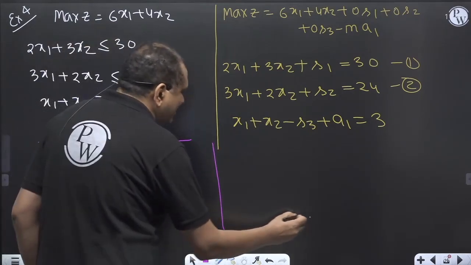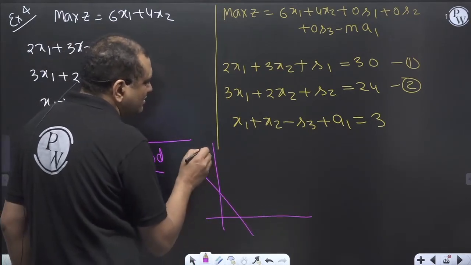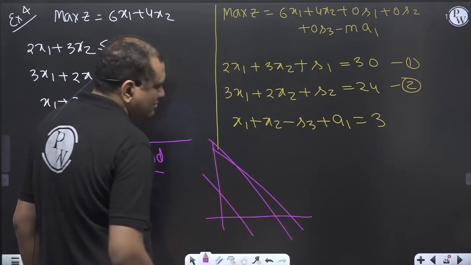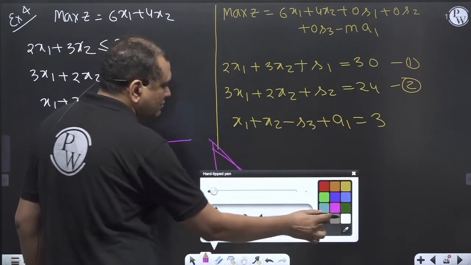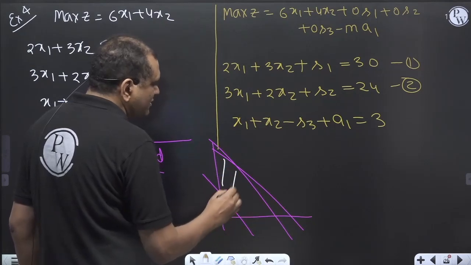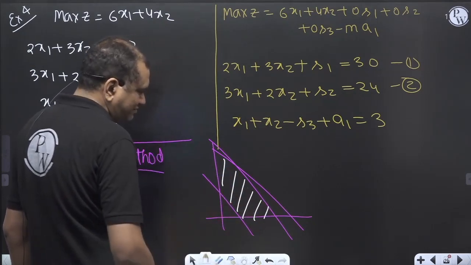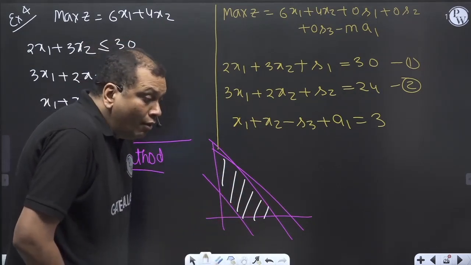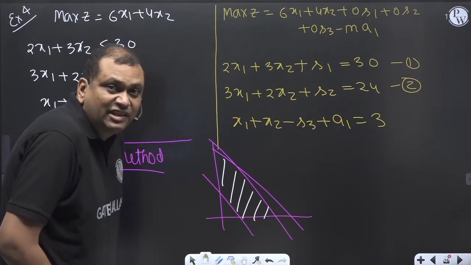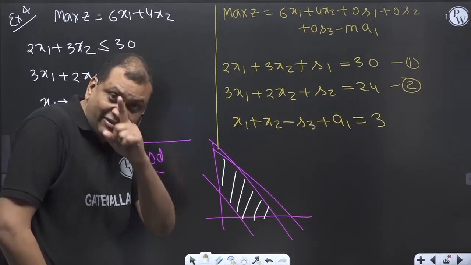So what was our, this was the feasible region. Correct, na? Same problem we have done and we have elaborated there.